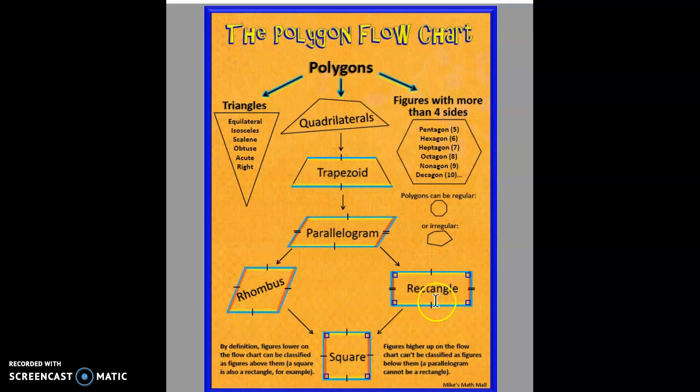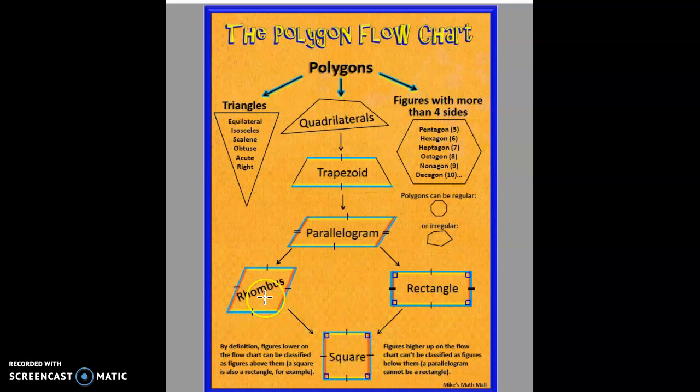Over here with rectangle, it doesn't have to have 4 equal sides, but it does have to have 4 right angles. So it's a parallelogram with 4 right angles. And a square is very special because it's like a rhombus and a rectangle combined together. So it's a parallelogram that has 4 right angles and 4 equal sides.